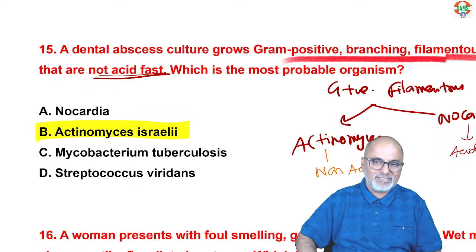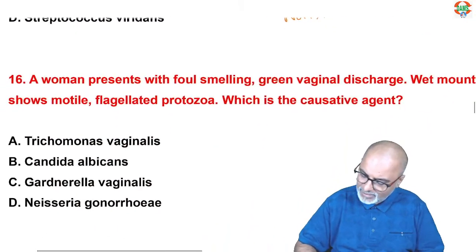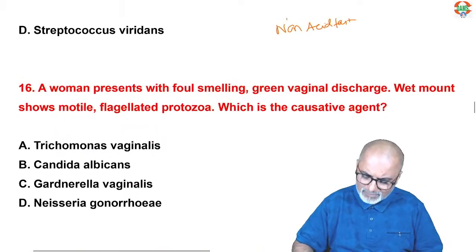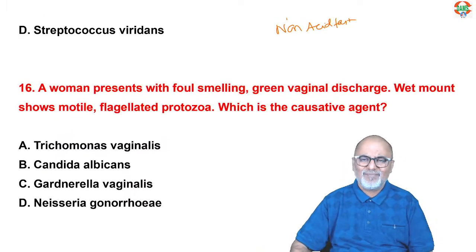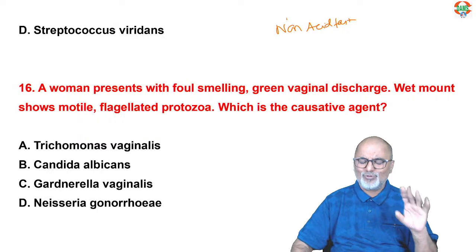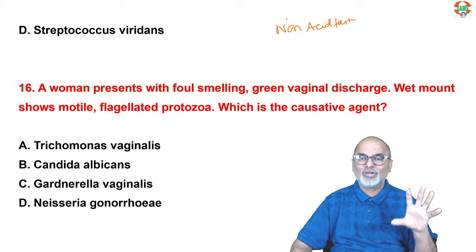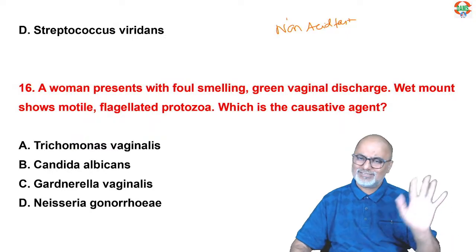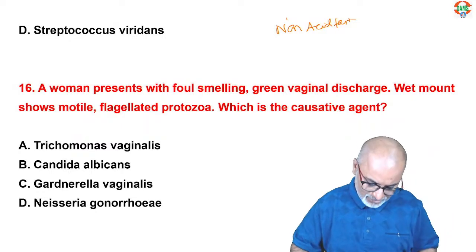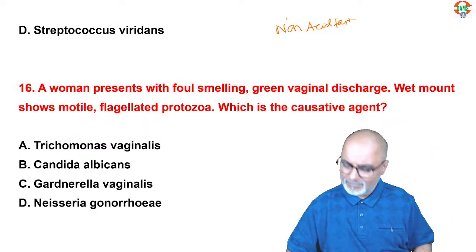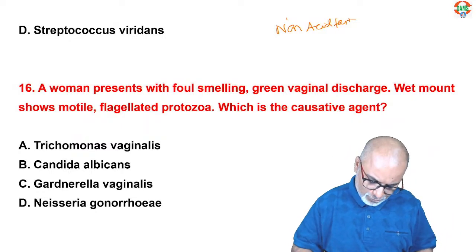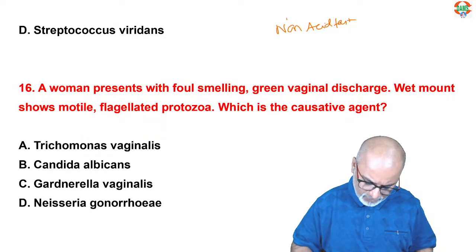Next is a woman who presents with foul smelling vaginal discharge. Vaginal discharge, 3 people. Clue cells, Gardnerella vaginalis, bacterial vaginosis. Pseudohyphae, Candida. Motile protozoa, Trichomonas. Remember, make it very simple. So, a woman presents with foul smelling, green vaginal discharge, wet mount shows motile flagellated protozoa. What is the causative agent?